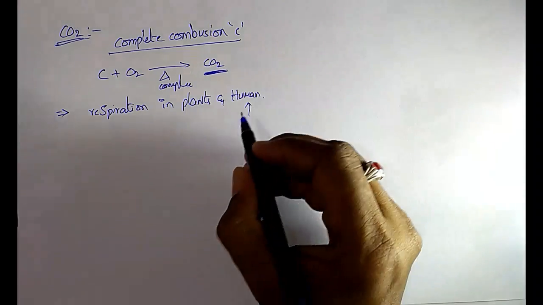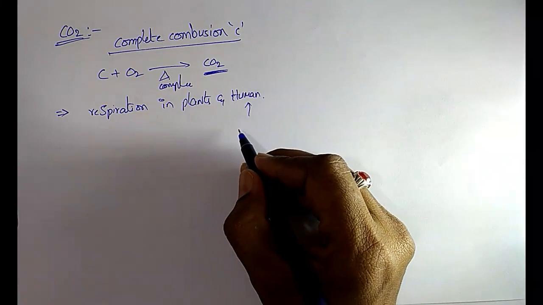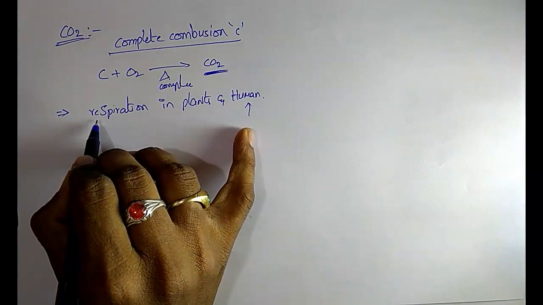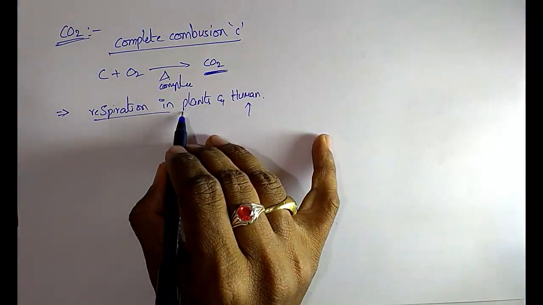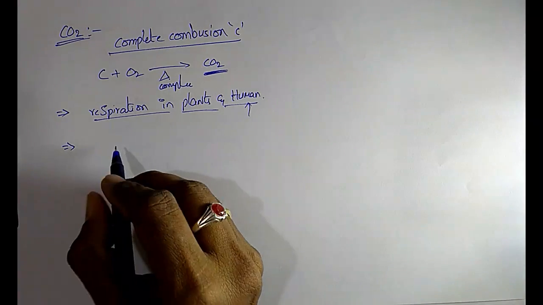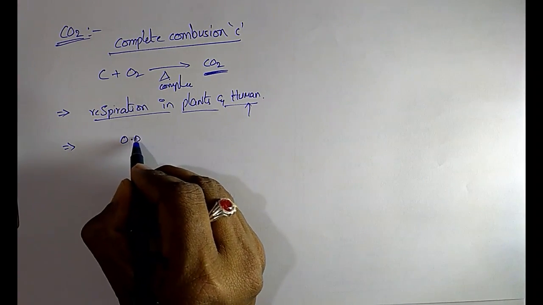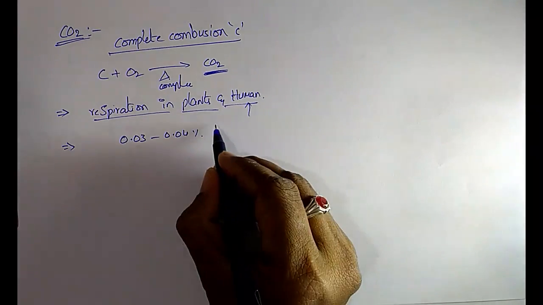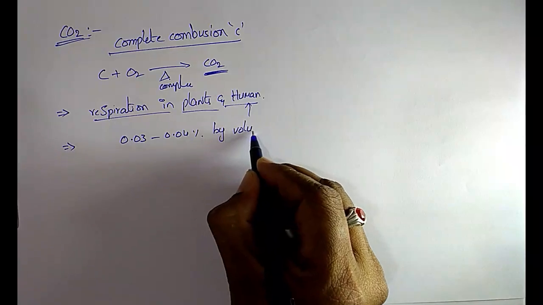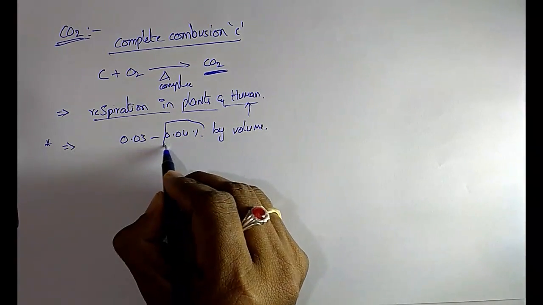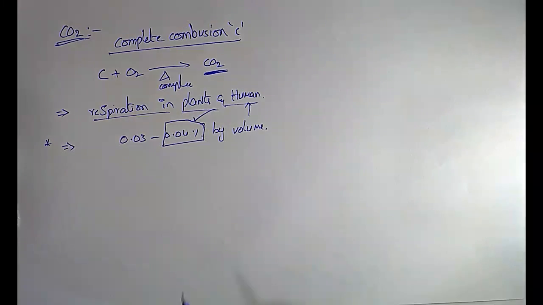In the atmosphere, it is present at nearly 0.03 to 0.04% by volume. Very, very important one. In the options, if only 0.04 is given, you have to click that 0.04.